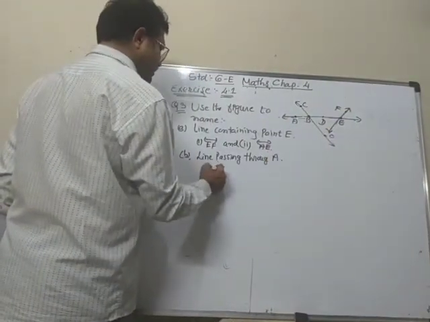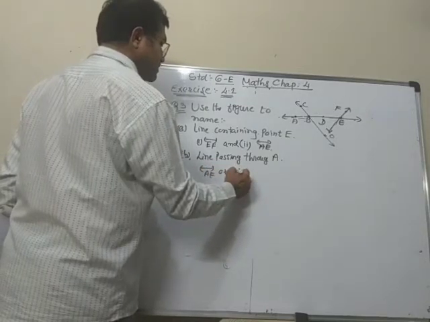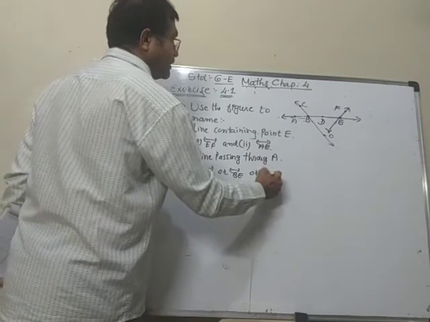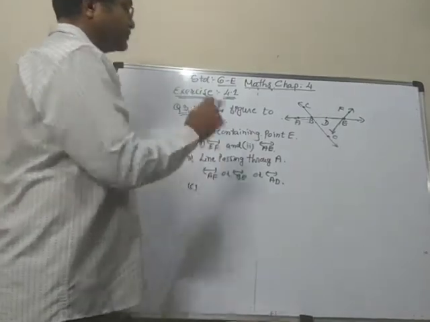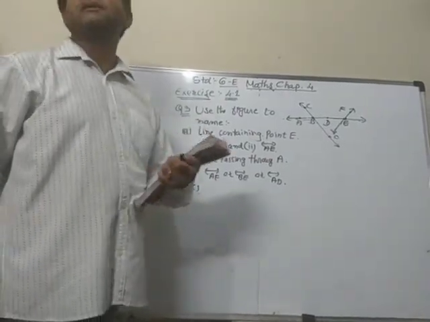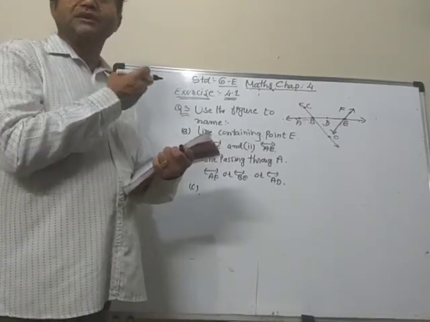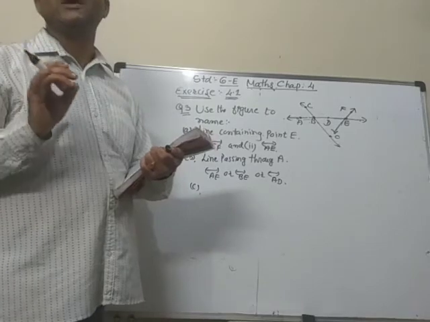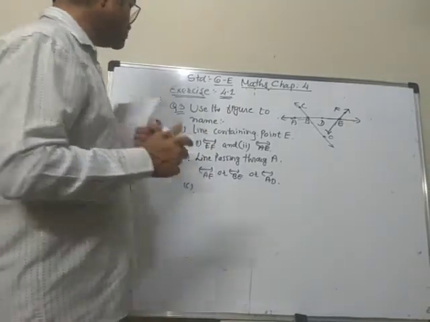So you can write down line A or line B or line AD also. You can write it any way, because all are the same line. As we saw in the previous one, if there are 4 points, a line can be written in 12 ways.